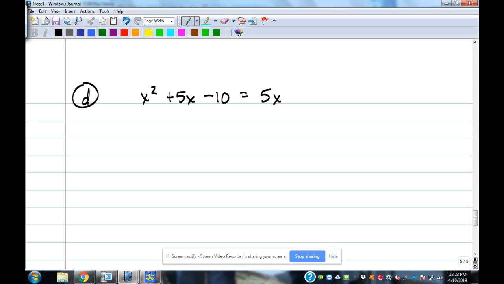It doesn't equal 0. So what's the shortest route to get it equal to 0? Subtract this 5x away. But when I subtract 5x minus 5x, what happens to those pieces? They're gone. They cancel each other out, right? So I end up with just x squared minus 10 is equal to 0.